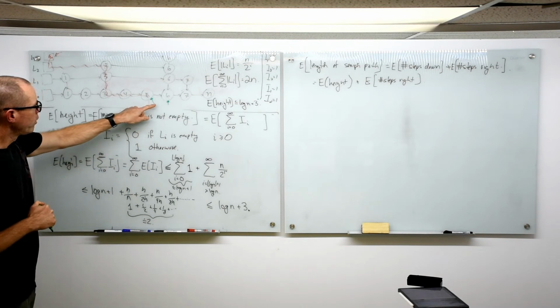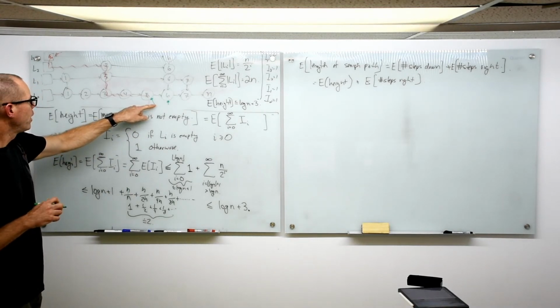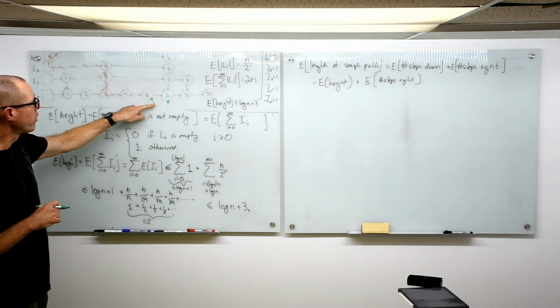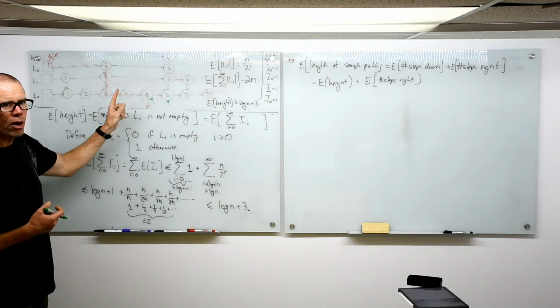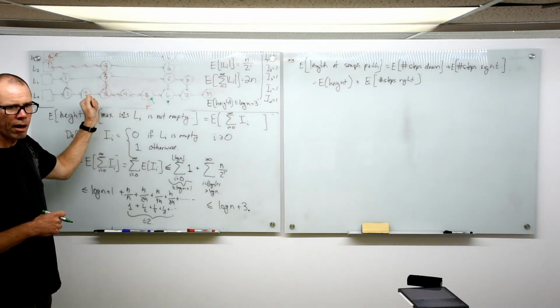And the rule for that is actually really easy. From here, I take the greedy strategy of always trying to climb up. If I can climb up, I will. If I can't, then I'll go left.